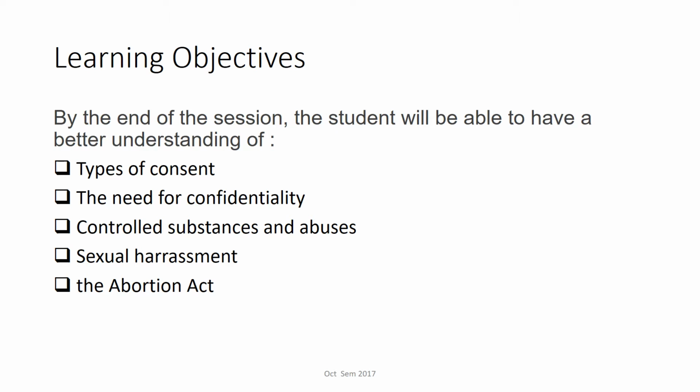The first, the type of the consent, it tells you the importance. The video on the types of consent will tell you about the different types. For example, express consent, implied consent, and also informed consent.